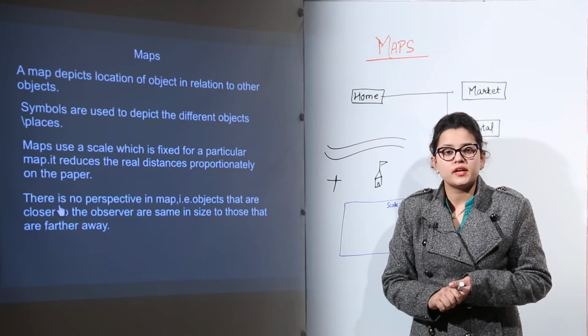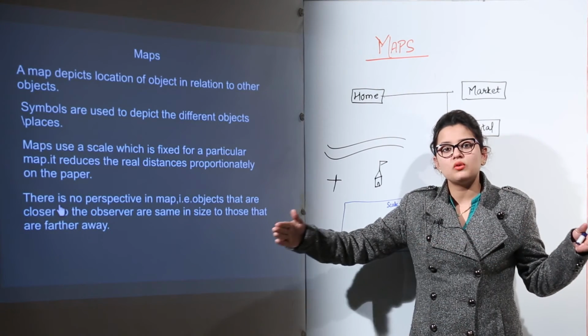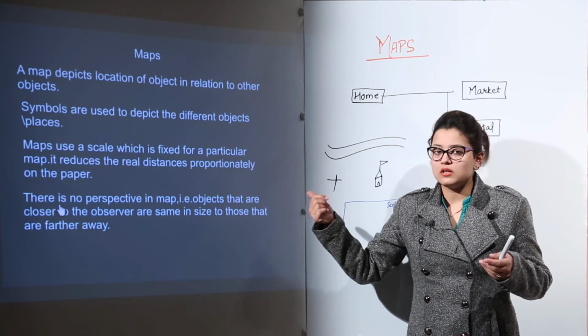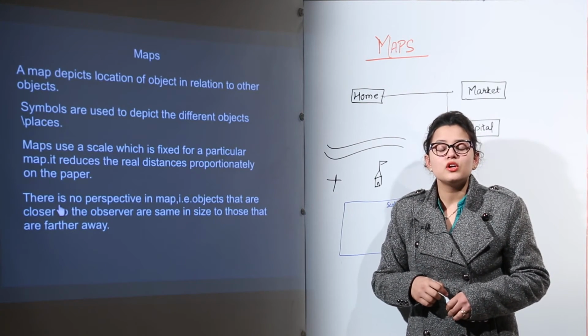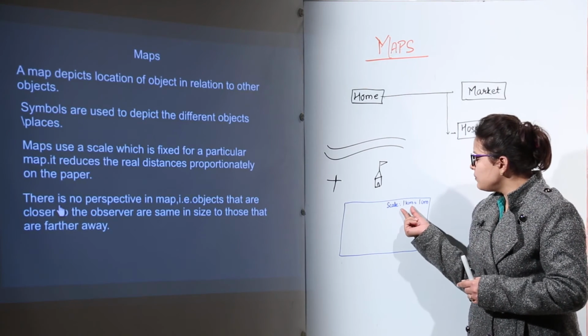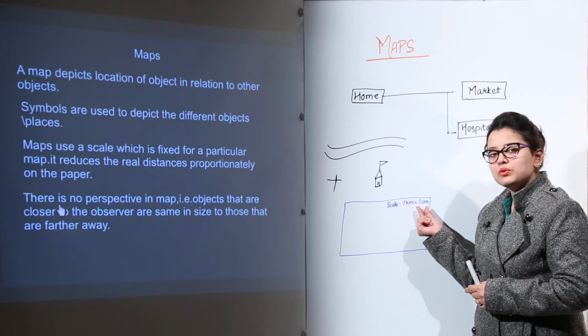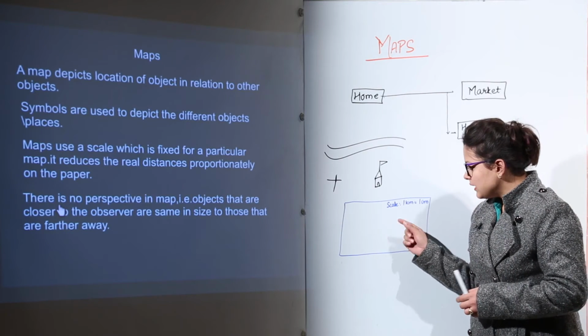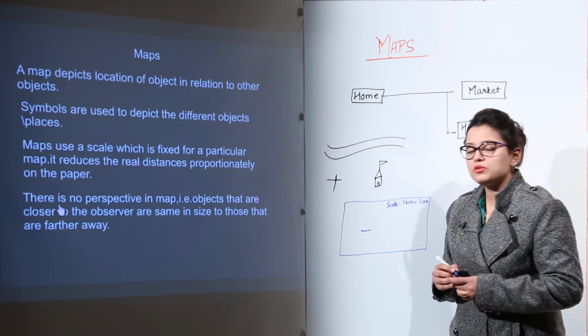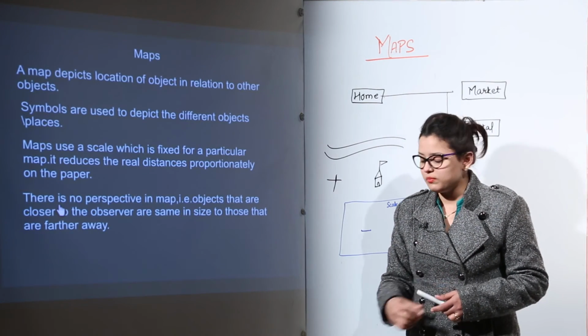You cannot get a 1 kilometer sheet of paper on which you will be drawing your maps, right? You can't do that. So what you do is you take the proportions. So 1 kilometer is proportionately equal to 1 centimeter on paper. That means each centimeter on the paper is going to represent the distance of 1 kilometer.